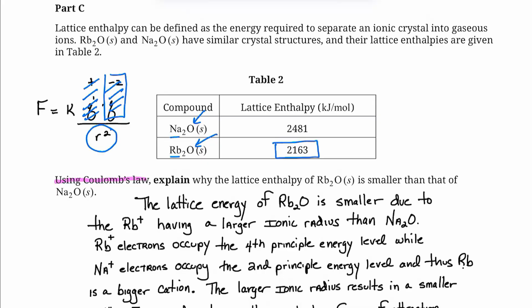Now why? Well, if I am a larger positive ion, which rubidium is, and I'm trying to attract a smaller -2 ion, right? Oxygen is a nonmetal, it's smaller. It does get a little bit bigger when it gains 2 electrons, but overall it's a smaller negative charge. This -2 is only going to feel a fraction of this positive charge, right?